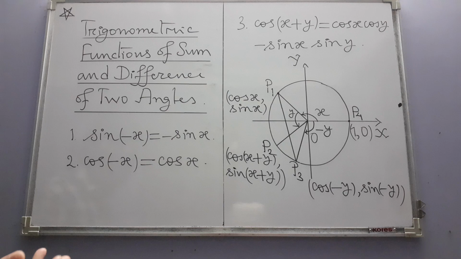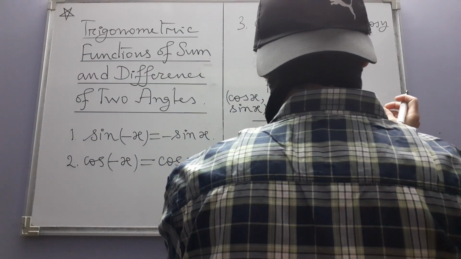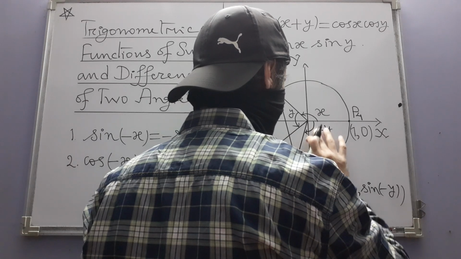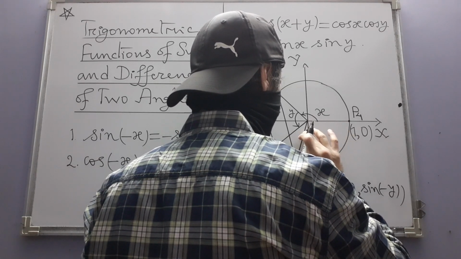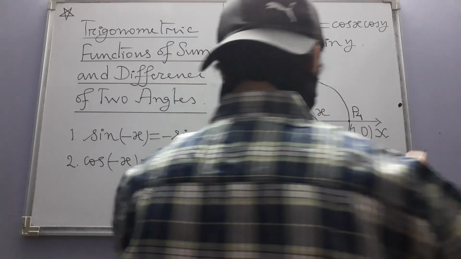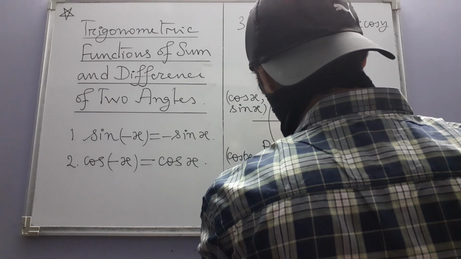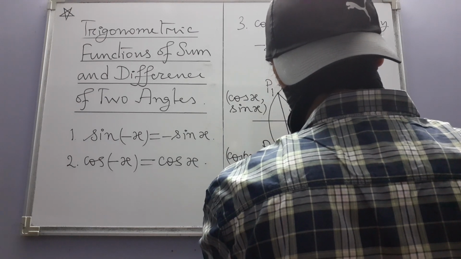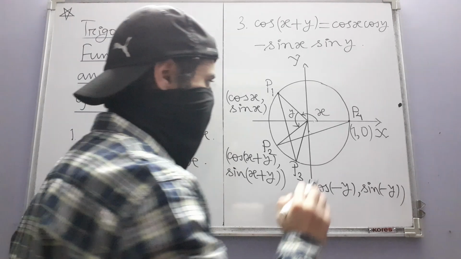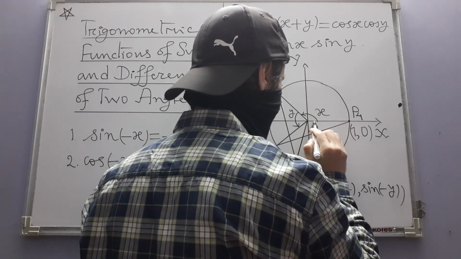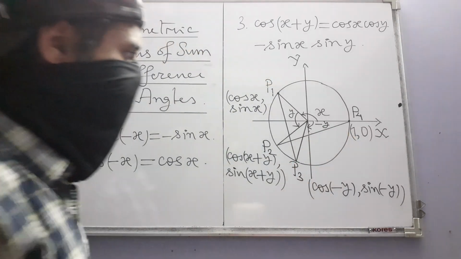And let us also join P2 and P4. And here also we will have that problem. So let's just clean some parts as much as we can. Let us first join the points and then we will write whatever was there. Okay, so this angle is minus y.